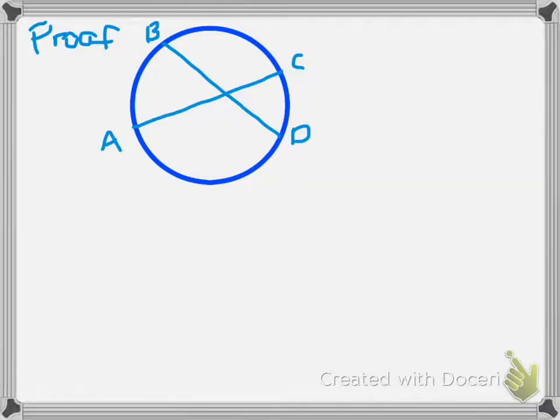So the proof, again, all that we're given is that AC and BD intersect inside the circle.